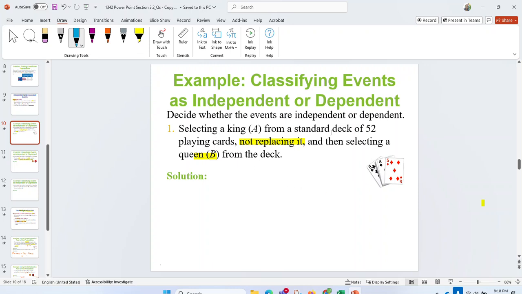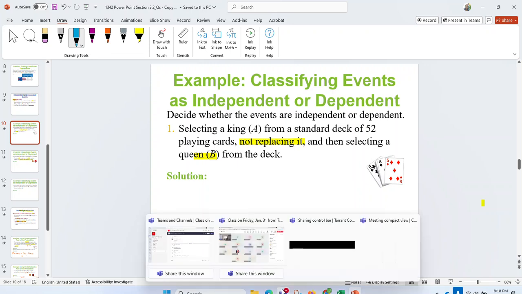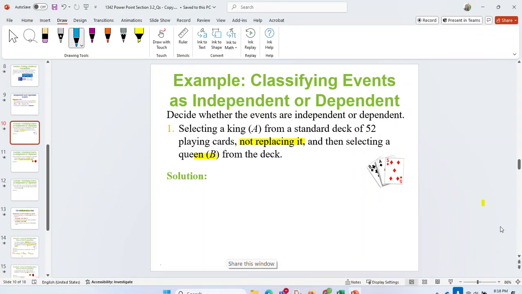So if you take a King out and don't replace it, you're going to have a probability of selecting a queen from the deck. Is this dependent or independent? Anyone? Just type it in the chat. Say dependent, just DE, or independent, IND for short.